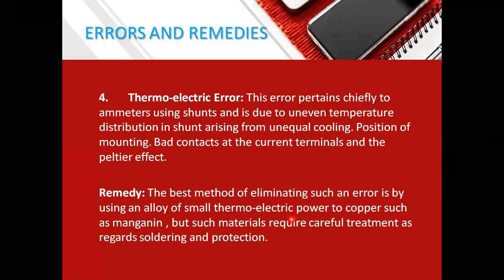Now let us go for thermoelectric error. This error pertains chiefly to ammeters using shunts and is due to uneven temperature distribution in the shunt arising from unequal cooling, position of mounting, bad contact at the current terminal, and the Peltier effect.